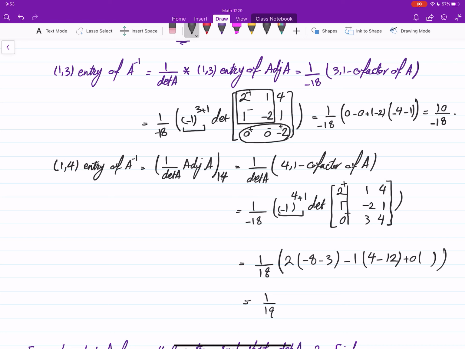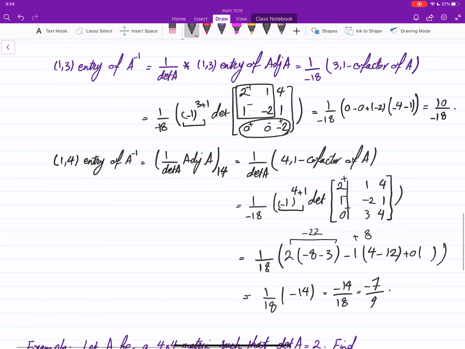This is 1 over 18. This is negative 11, negative 22 here. And here, this is negative 8 plus 8. That plus that is negative 14. We have the entry negative 14 over 18, which is negative 7 over 9.